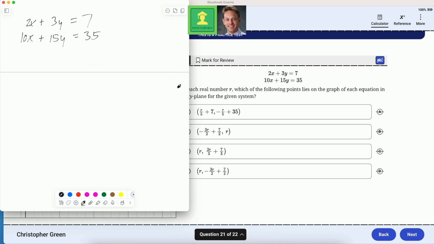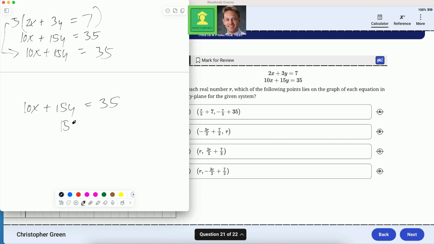But isn't that just the same line? If you multiplied the top by 5, you would get exactly the same thing. So this is kind of a red herring. The two lines are exactly the same, so you're effectively just thinking about the line 10x plus 15y equals 35.